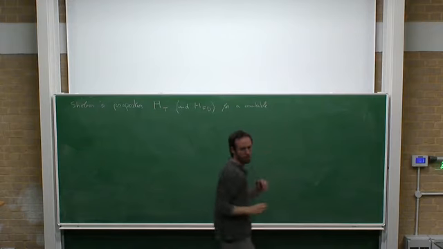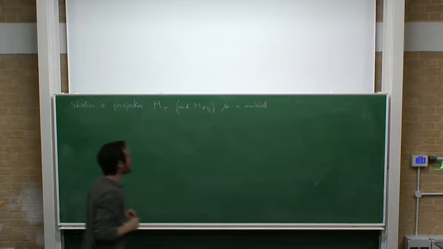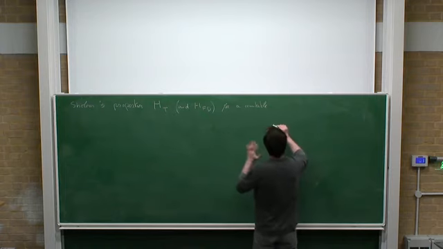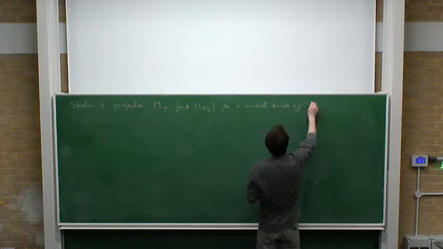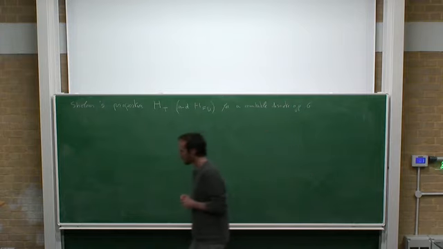This can be generalized, and I will actually consider generalization to locally compact groups, but for the sake of simplicity now, let me just assume that I have a countable discrete group G.